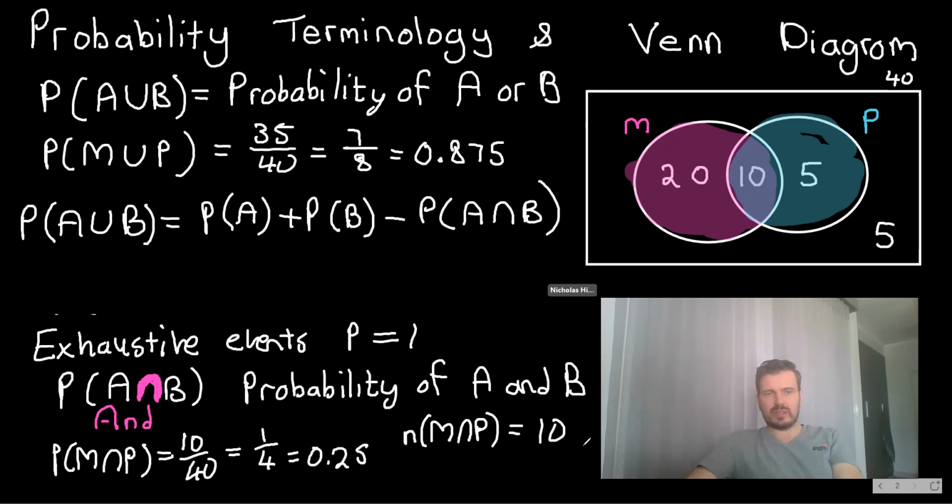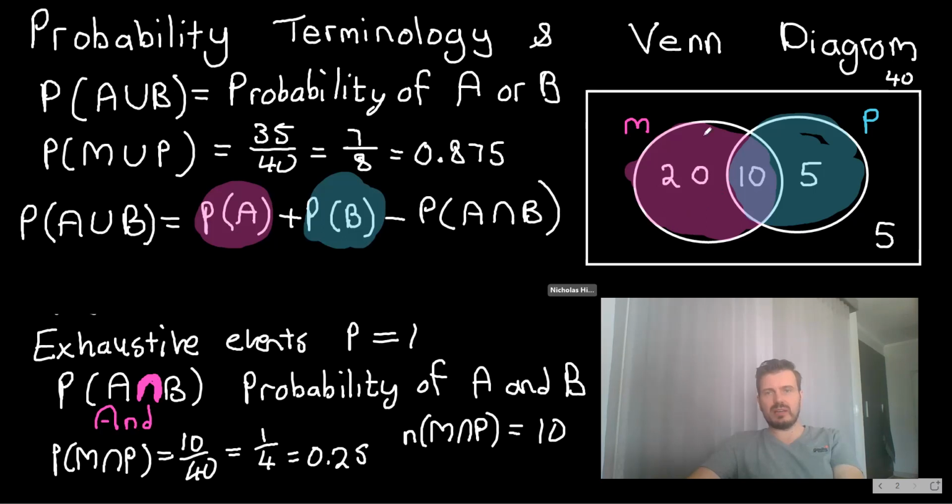If I look and say, what's the probability of A or B? So we already know that A or B is this whole bit in here. Okay, that's 35. Well, it's the pink circle, which I've circled, plus the blue circle there. Well, that makes sense. But I'm minusing the middle.